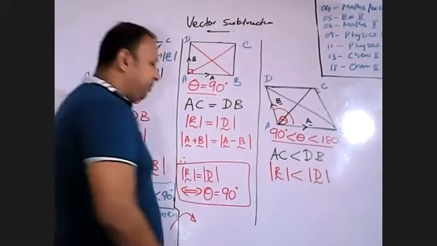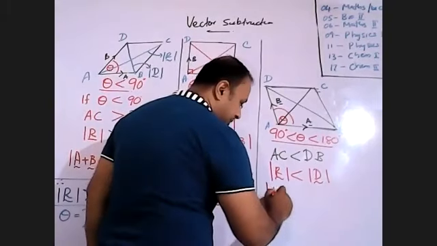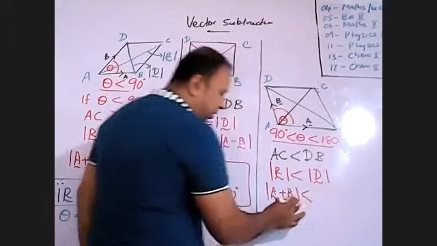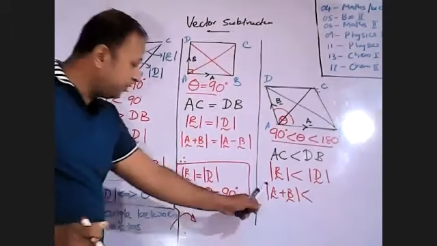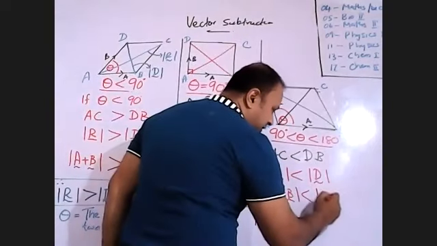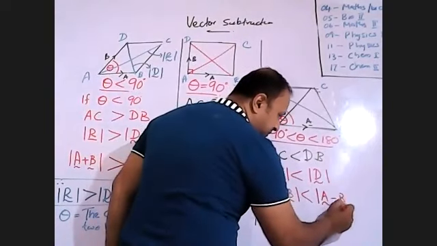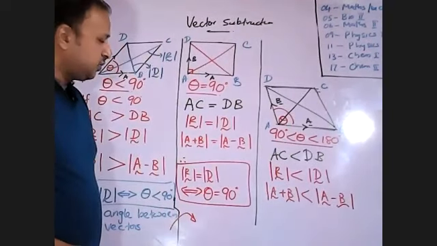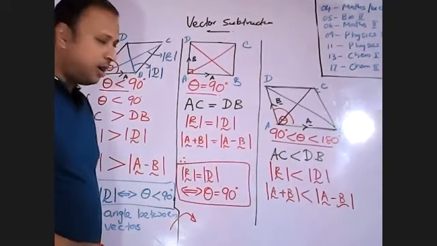AC length means the magnitude of R, magnitude of resultant vector, is lesser than magnitude of difference. The same thing can be written as the modulus of A vector plus B vector is lesser than modulus of A vector minus B vector. So if so, theta is an obtuse angle.